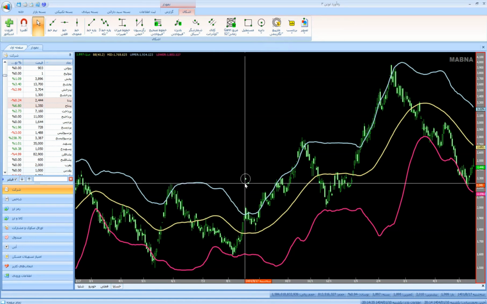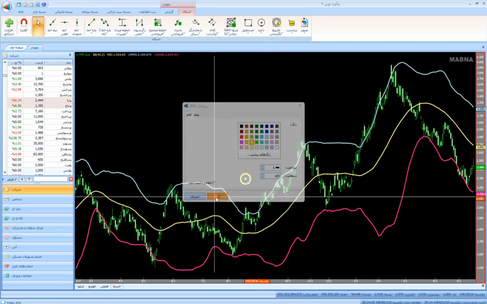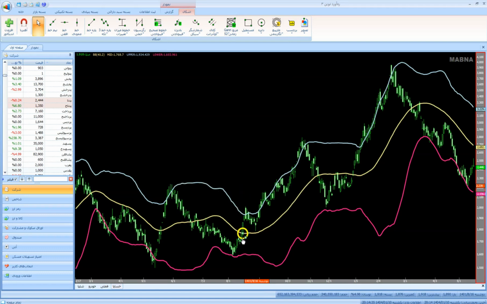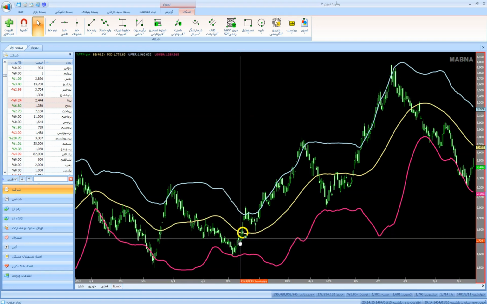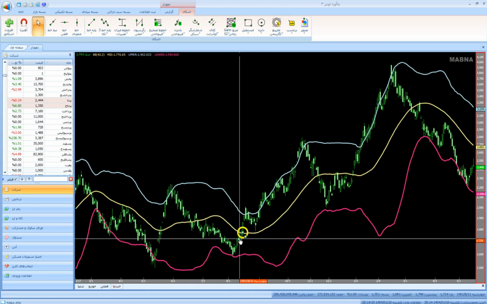I give this circle a color. Well, see exactly at this point, when the price chart of the stock cuts the middle band from below, we have a buy signal or an entry signal into the stock.